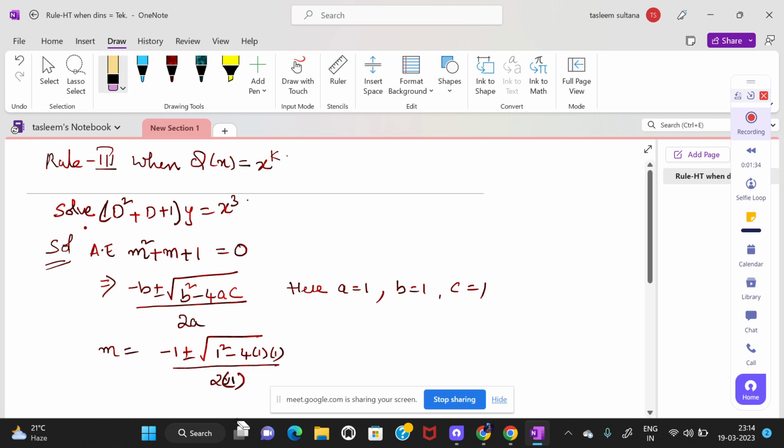So what are you going to get? The roots are going to be complex roots.